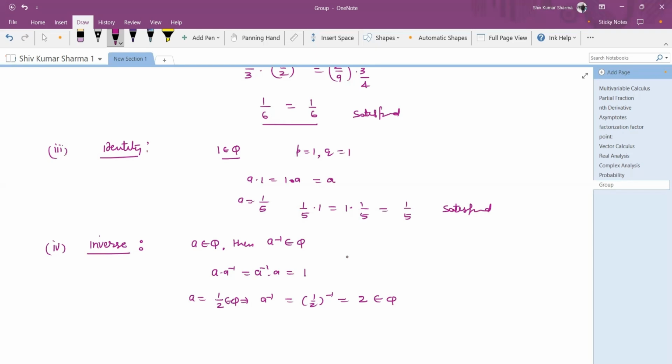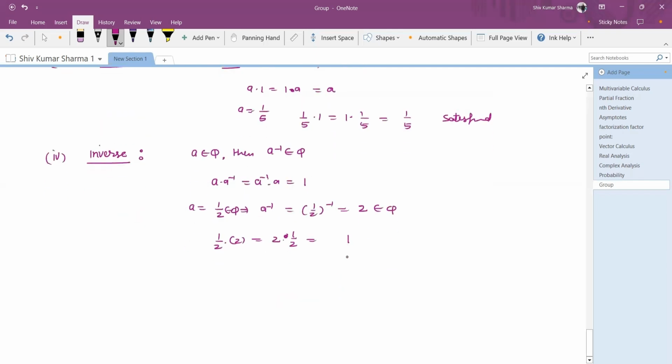So we can take P equal to 2 or Q equal to 1. When we do 1 by 2 into 2 is equal to 2 into 1 by 2, it is equal to 1. So satisfied. Inverse also exists for every element.